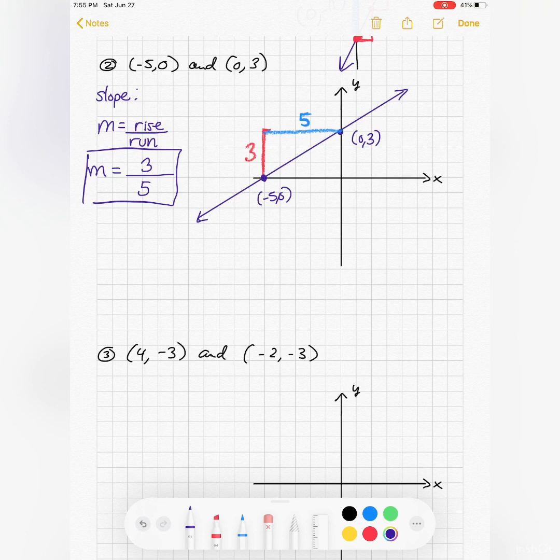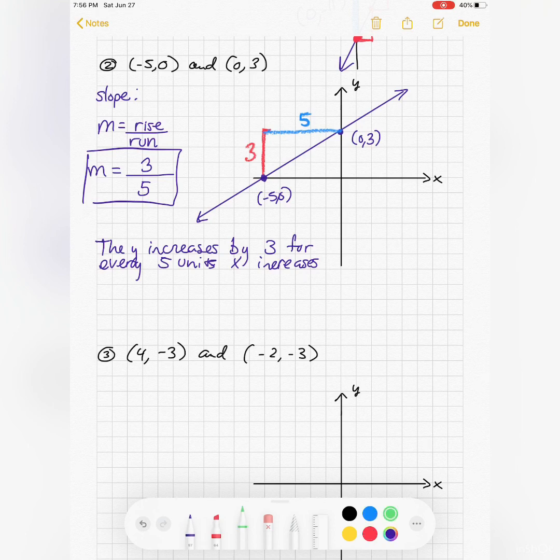So how would I interpret that? The number on the top is the rise, the change in y. So the y increases by 3 for every 5 units x increases. Okay, so you could continue this line.